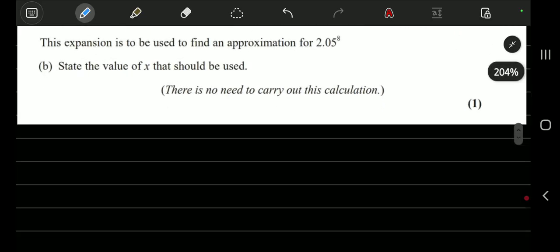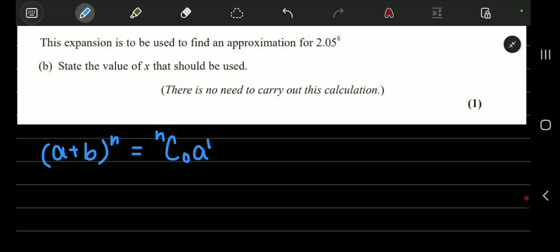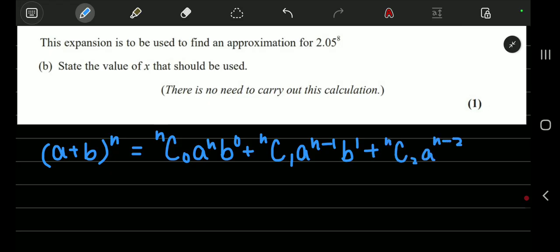So first I am writing down, for your understanding, the formula for the binomial expansion, and that is (a plus b) to the power n, which is nc0 a to the power n b to the power 0 plus nc1 a to the power n minus 1 and b to the power 1 plus nc2 a to the power n minus 2 and b to the power 2, and so on.